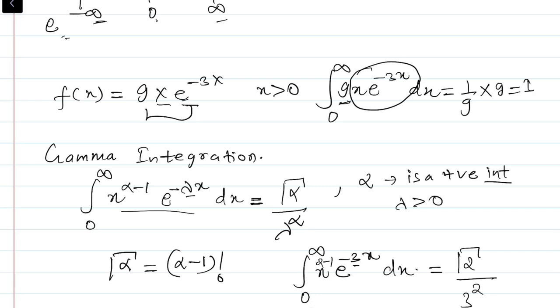So the value of the integration is 1, which means this is a valid PDF. So you need to remember this gamma integration: the form, the range, and the answer of the integration.